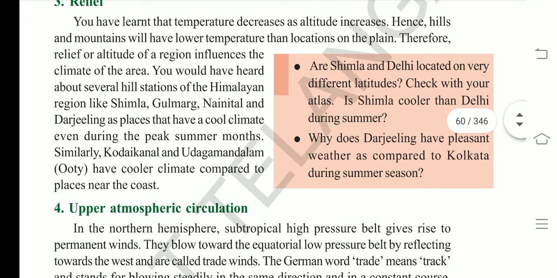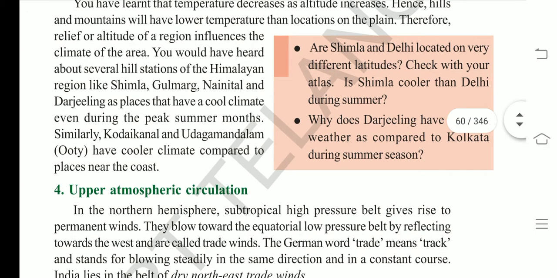Moving from Earth's surface to higher areas, the temperature decreases, right? Which you studied in ninth class. That is, the atmosphere is heated by terrestrial radiation. The atmosphere is not heated by the solar radiation.